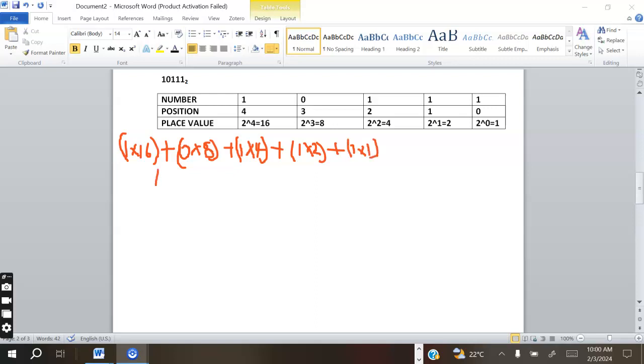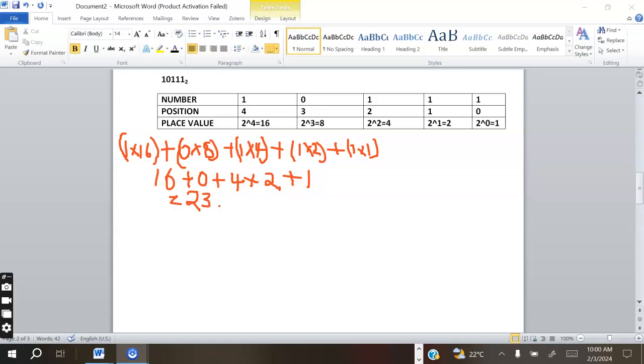So this is 16. 1 multiplied by 16 is 16. This is 0. This is 4. 1 multiplied by 4 is 4, plus this is 2, plus 1. So 16 plus 4 is 20, plus 2 is 22, plus 1 is 23. So they're supposed to give us a total of 23.